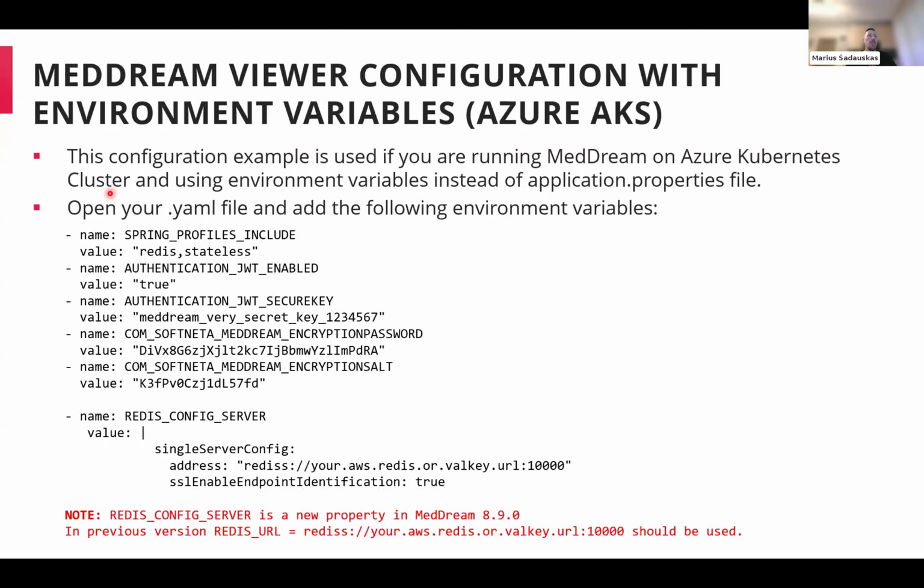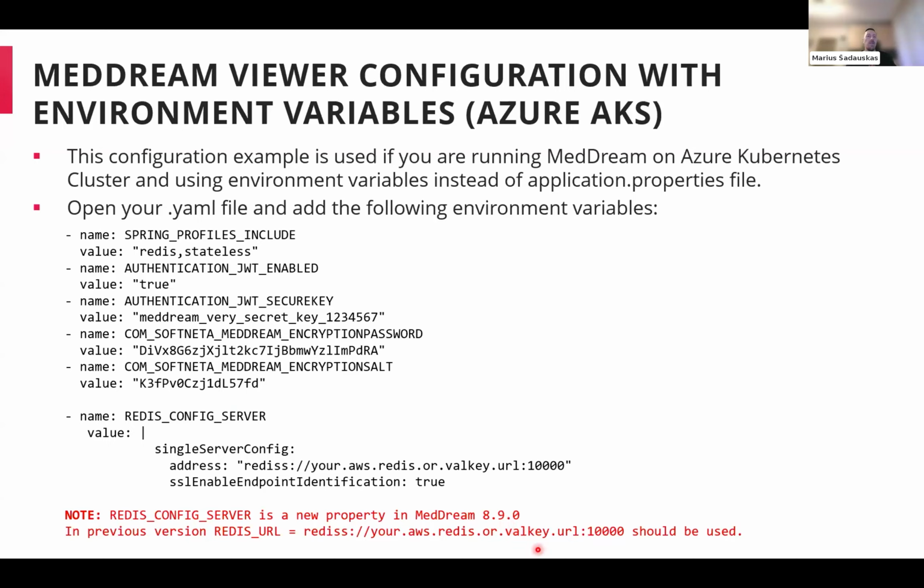So in this case also, we have provided not application properties, but the environment variables, how they need to be set, and the Redis config server can be set in the following manner. You will be able to take this from the slides after the webinar. And also, this Redis config is in the 8.9 version.